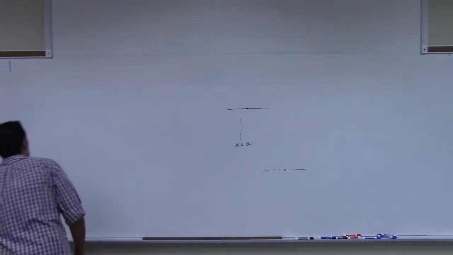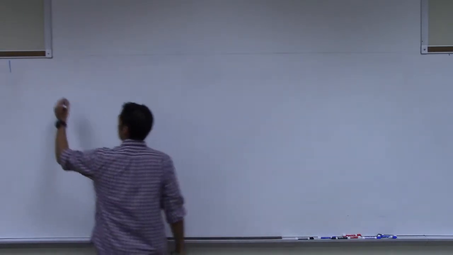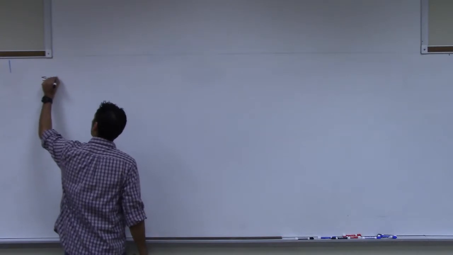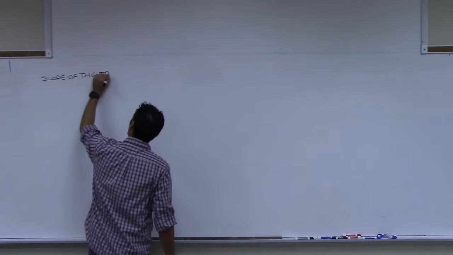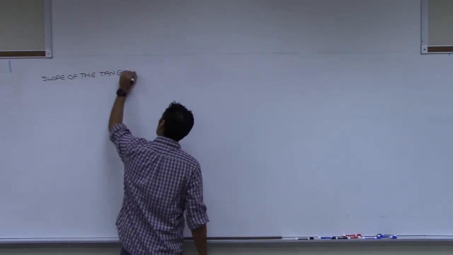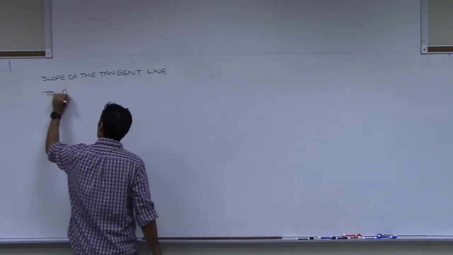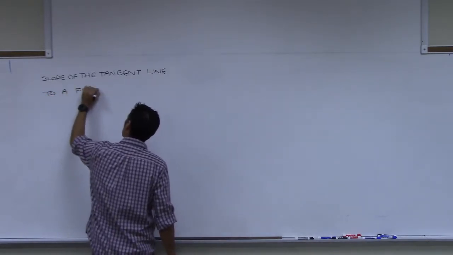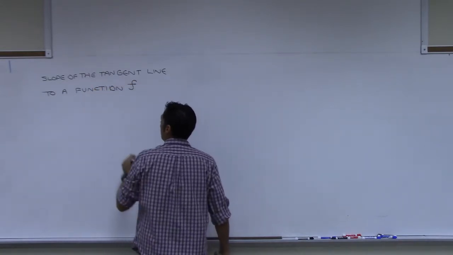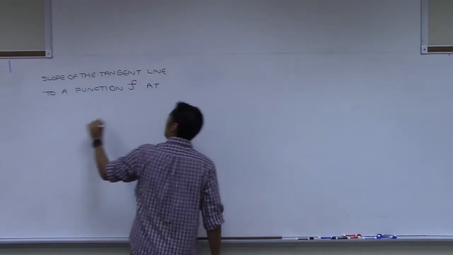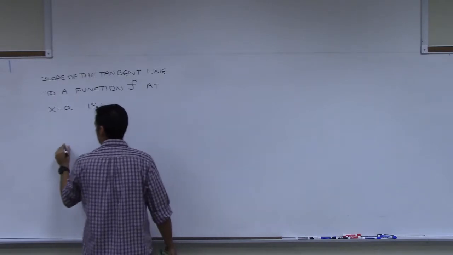Thank you. All right. So last class, we said that the slope of the tangent line to a function f at x equals a is, and here's the slope.